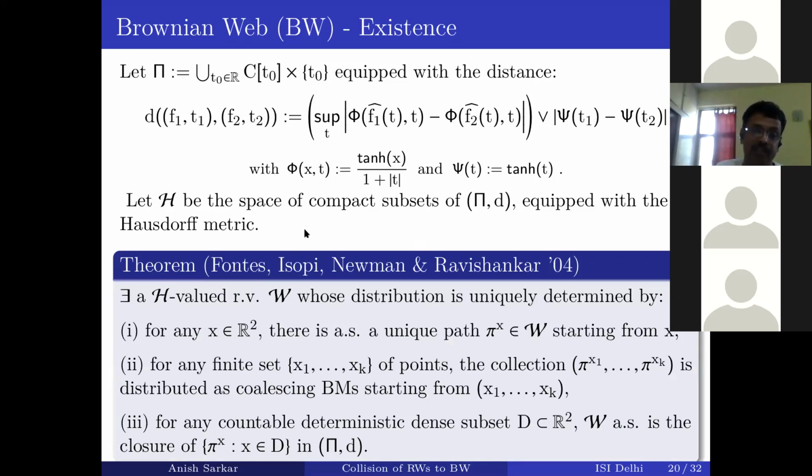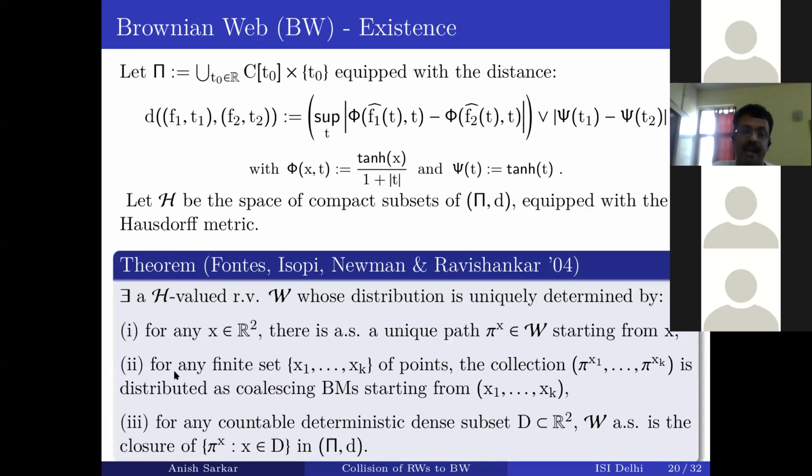There is some state space you can define, where you have a few things about it. For every x in R^2, there is a unique path pi_x in this collection. So for every point, there is a path pi_x.